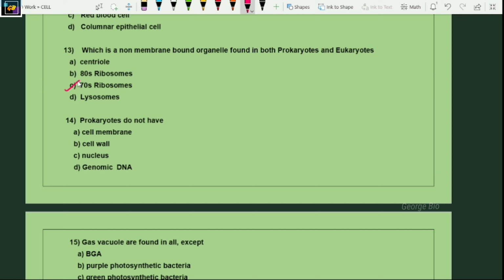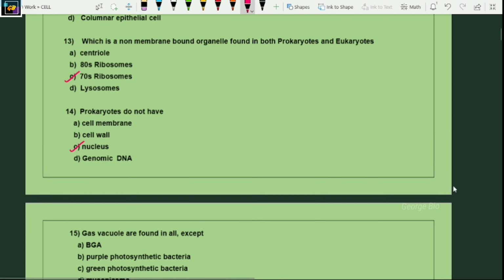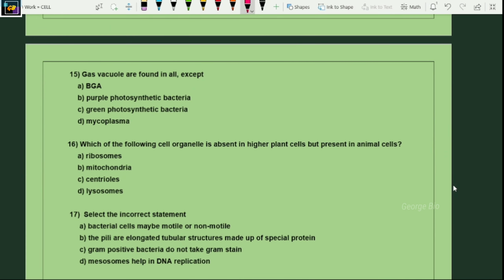Question number 14. Prokaryotes do not have cell membrane? No, that is present. Cell wall? Yes, that's also present. Nucleus. So here C is the suitable answer. Gas vacuoles are found in all except.